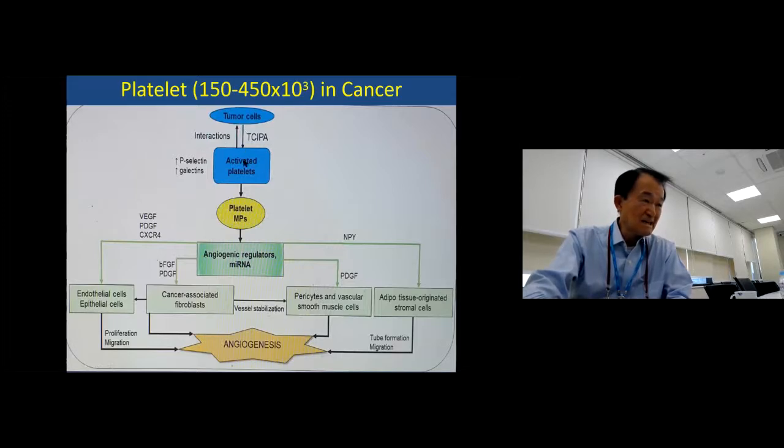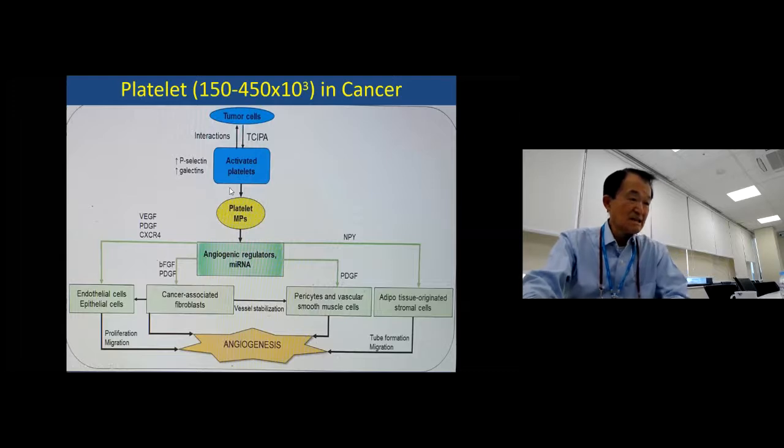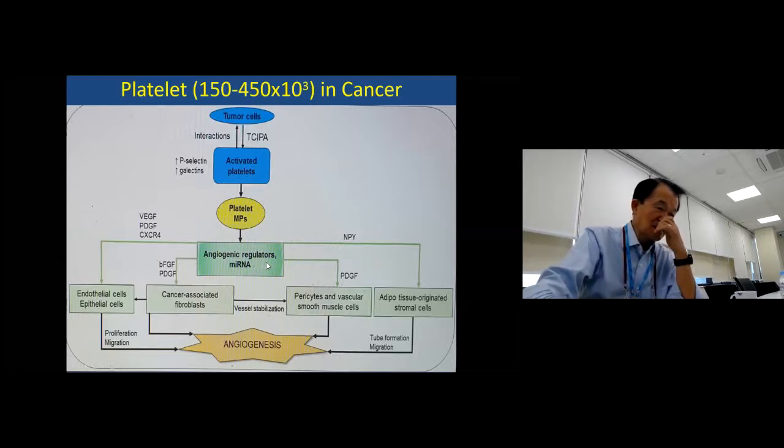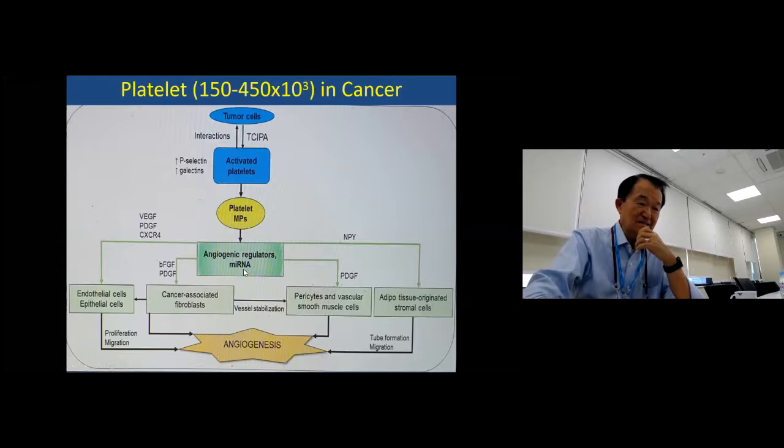The tumor cell activates the platelet, and the lectin is also elevated, and it's stimulating a microRNA, that's a sort of non-coding RNA without making protein, but it is associated with cancer-associated fibroblasts.